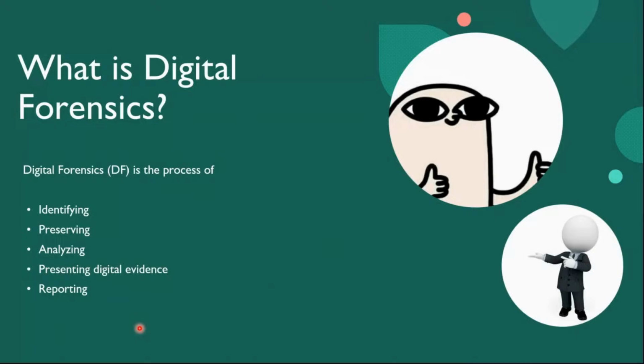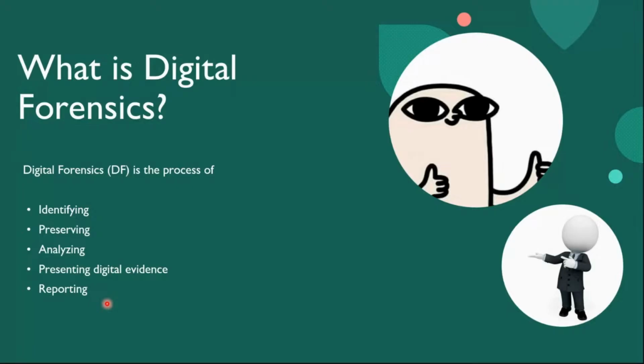Let's start with the basics. What is actually digital forensics? It's a simple definition. It is the process of, you can see in the slide, identifying, preserving, analyzing, presenting digital evidence, and reporting. So think of it as an investigation, but instead of fingerprints, we look for digital footprints here. Simply, it's like solving crimes using computers, mobiles, and devices.